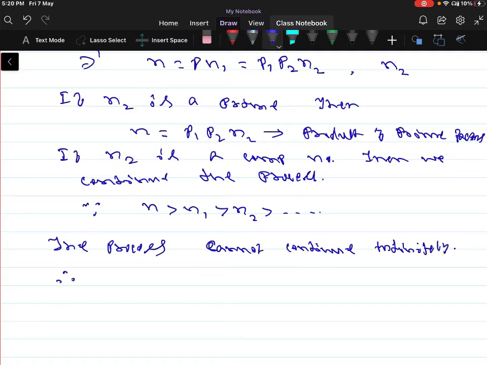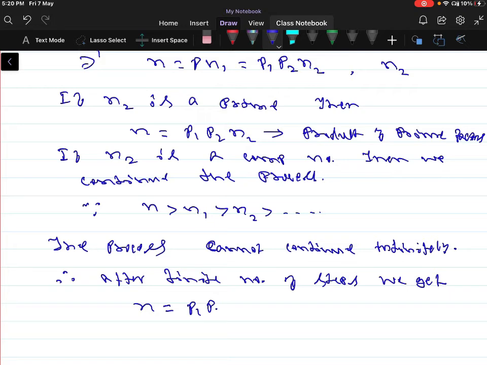Therefore, after a finite number of steps, we get n can be written as p1 into p2 and so on up to pk, where p1, p2, and so on up to pk are primes.